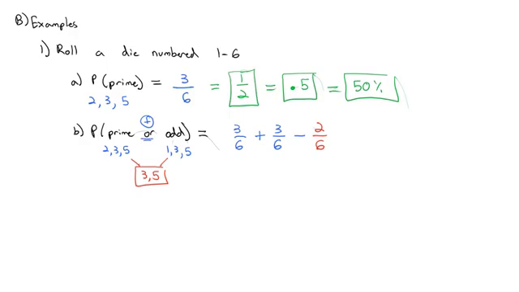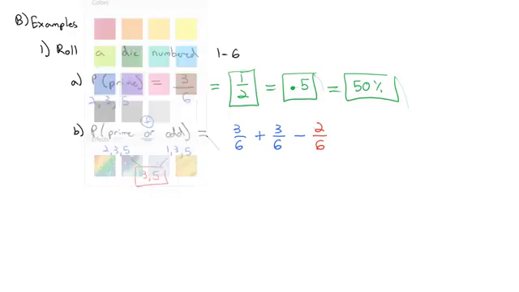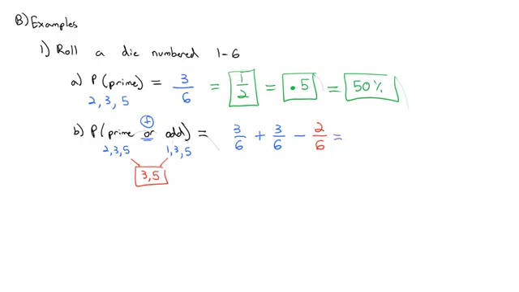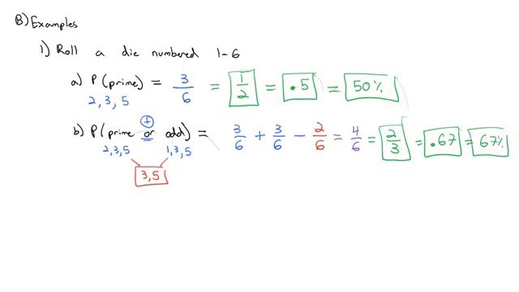When we do that, we'll end up with 4 out of 6, which reduces to 2/3 as a fraction, or 0.67 as a decimal, or 67%, depending on which format we actually want to calculate.